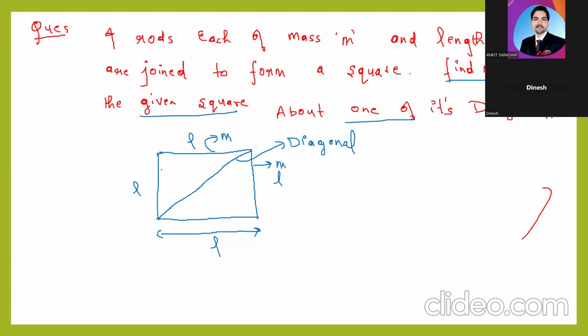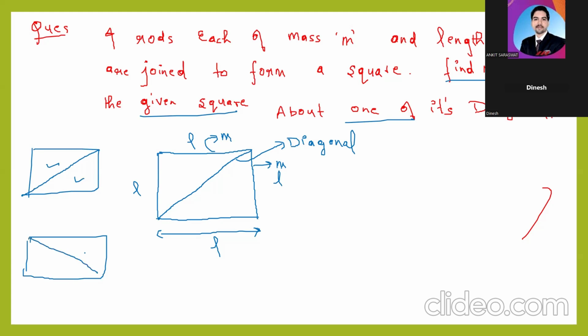This is your task. Since the body is symmetrical, if you draw the diagonal like this, hint I am giving, symmetry is there. So about this I, about this also I, and they are at 90.